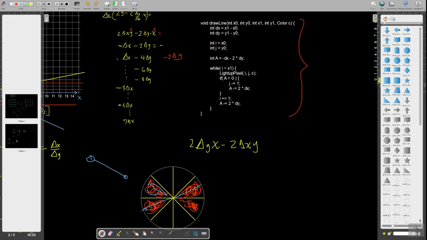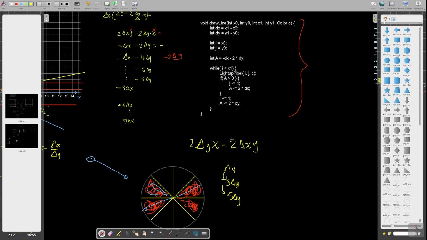So this is the term that is going to look something like delta y, and if increased, then it's going to be 3 delta y and then 5 delta y if increased in every iteration.